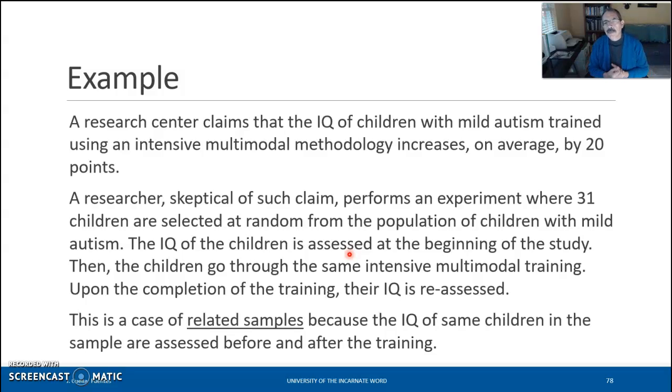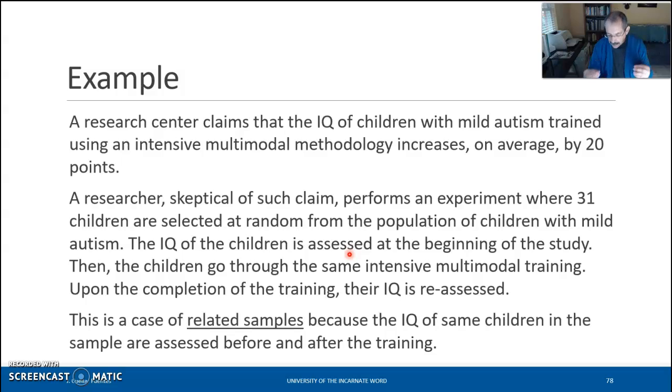For that purpose, this person performs an experiment where 31 children with mild autism are selected at random. Then once they have the children selected, they measure their IQ, and then they subject them to this multimodal training. And once they go through the multimodal training, at the end, they measure their IQ again.